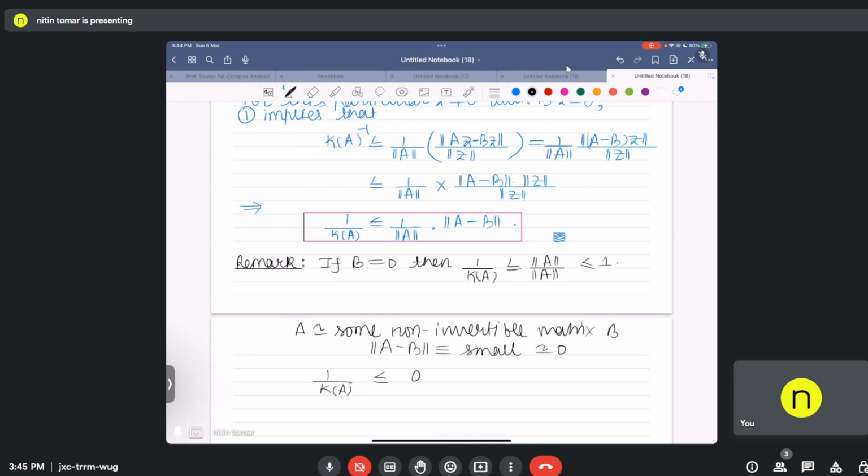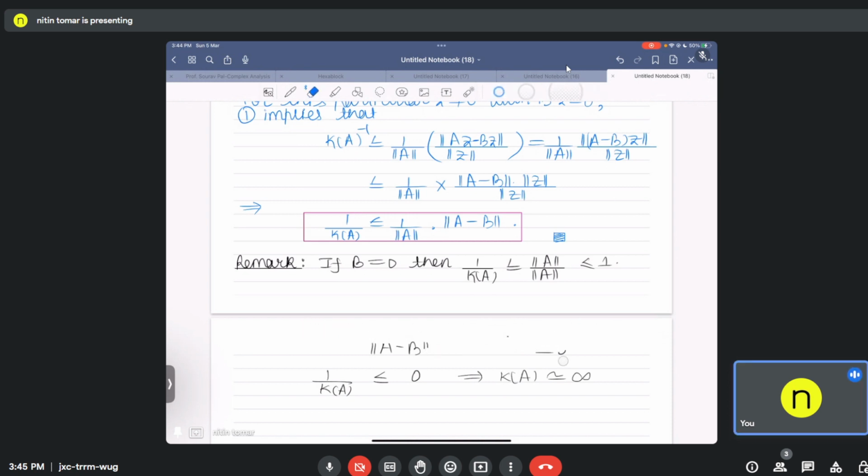And what does this imply? That kappa A is actually closer to infinity. One upon something is 0, right? Which means if A is very close to a non-invertible matrix, then the condition number is very large.